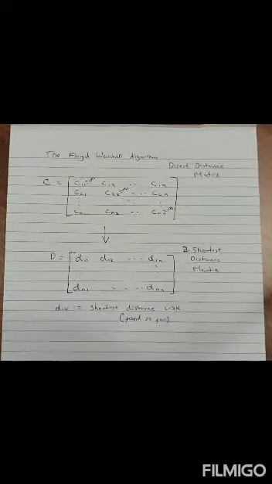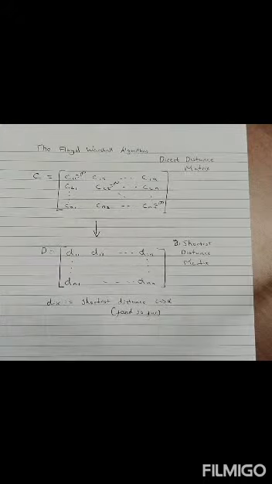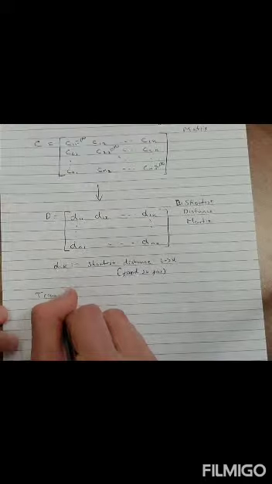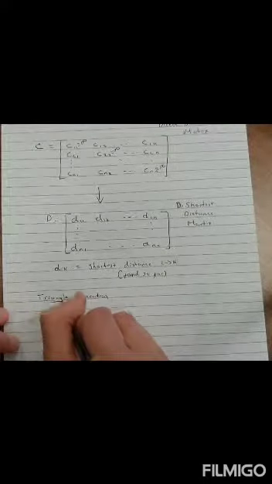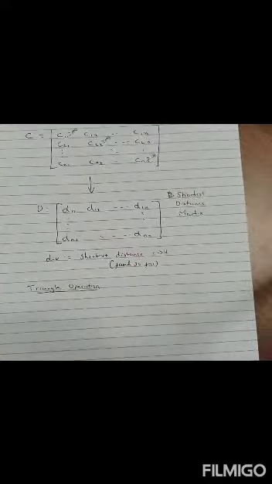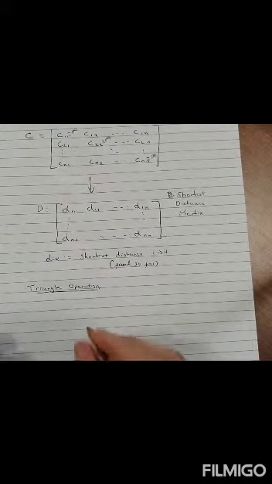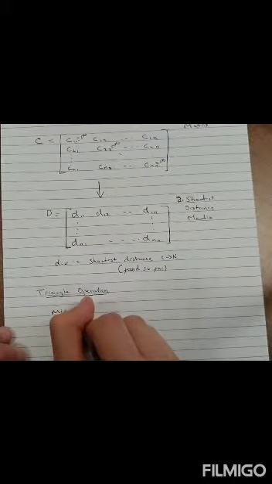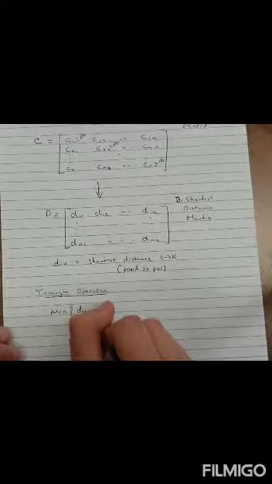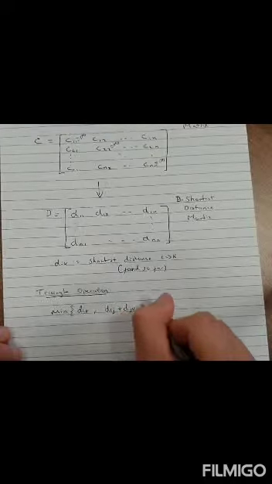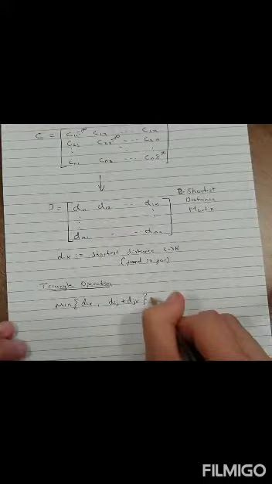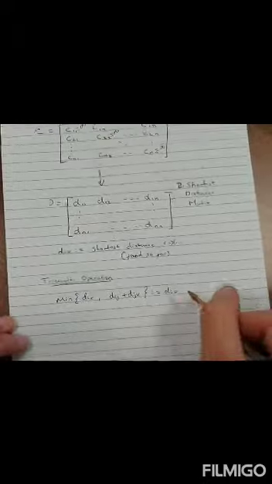Our last point before we move on to the proof of correctness is to define what we mean by a triangle operation. A triangle operation for a fixed node J is the minimum between DIK and DIJ plus DJK, and we set this equal to DIK.